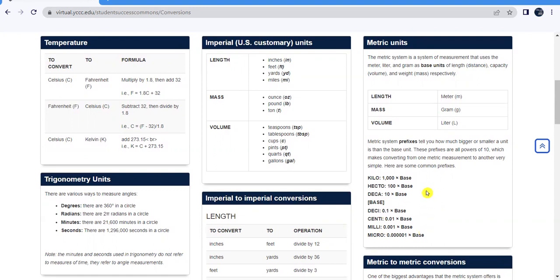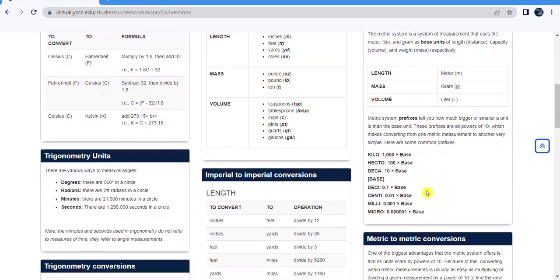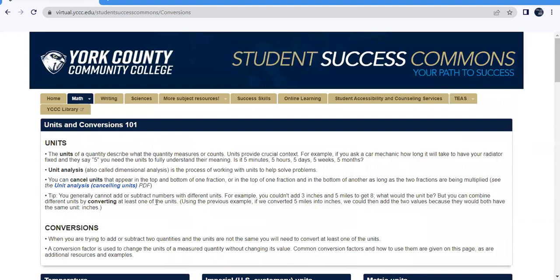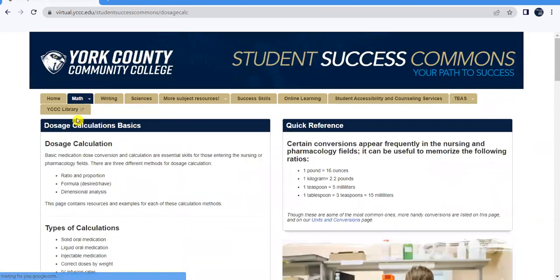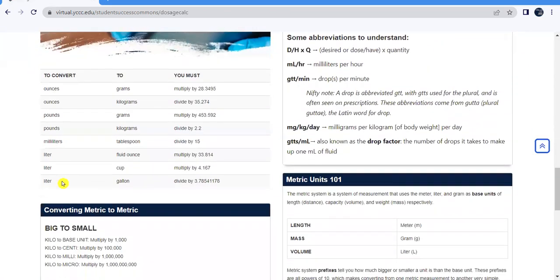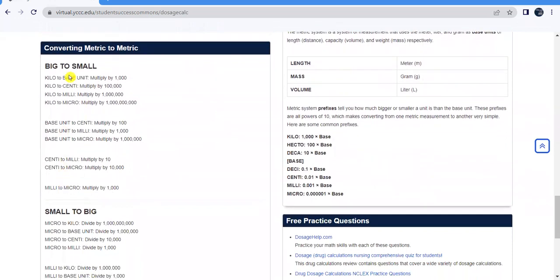So I want to look more at these metric to metric conversions. Here's a couple of examples here, but let's go to our dosage calculations page, because we have a little more in-depth section about converting different metric units. And so here they are. Here's our converting metric to metric.